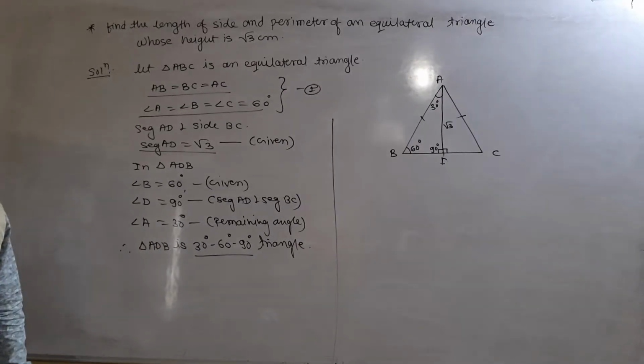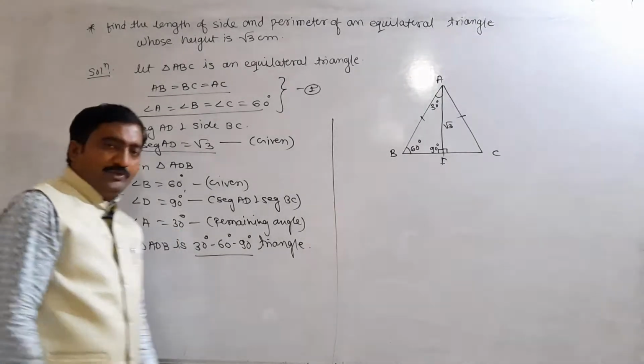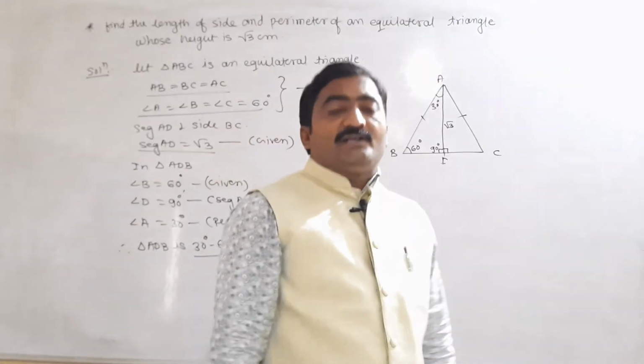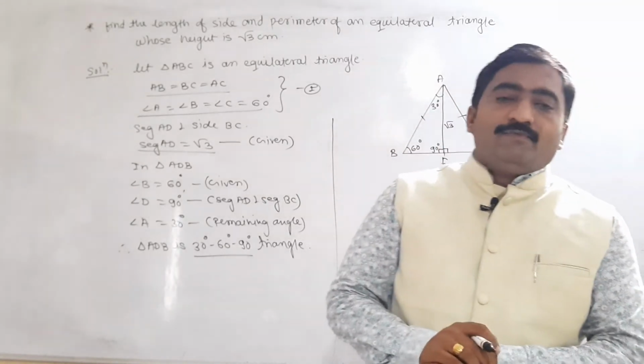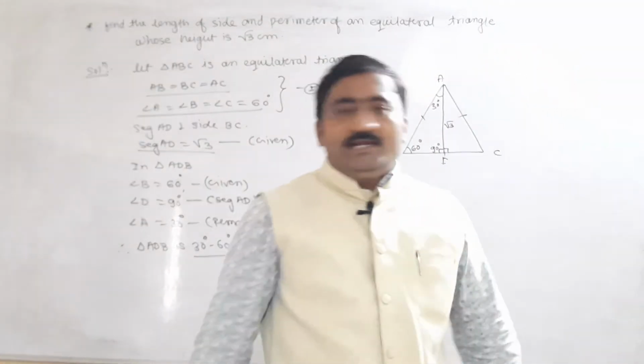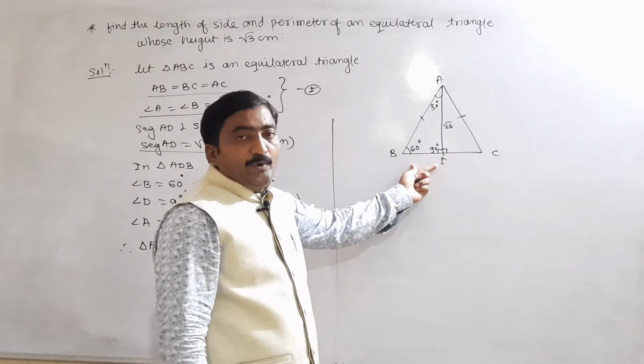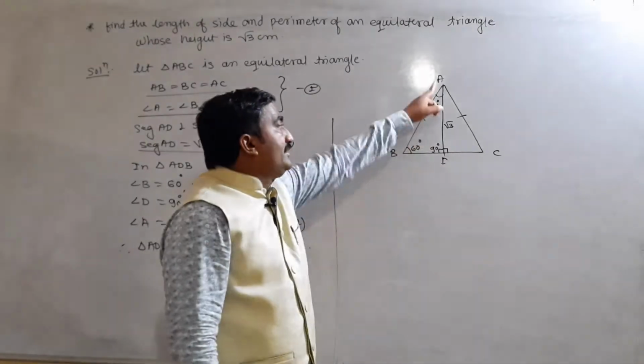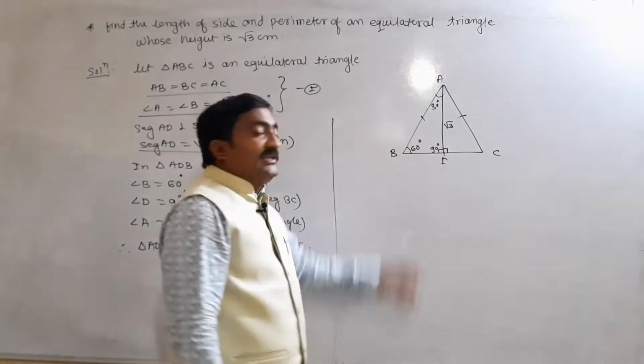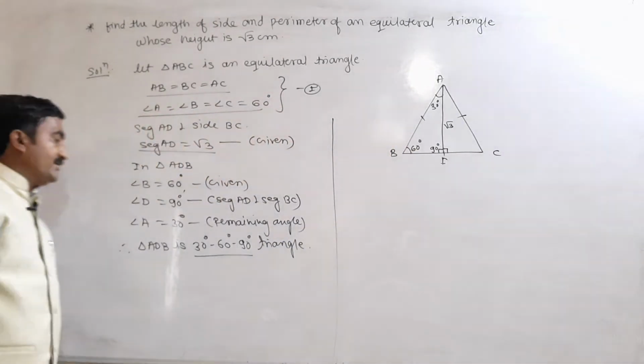Triangle ADB is a 30, 60, 90 triangle. And we know the property of a 30-60-90 degree triangle: the side opposite to 30 degrees is half of the hypotenuse, and the side opposite to 60 degrees is root 3 by 2 times the hypotenuse.